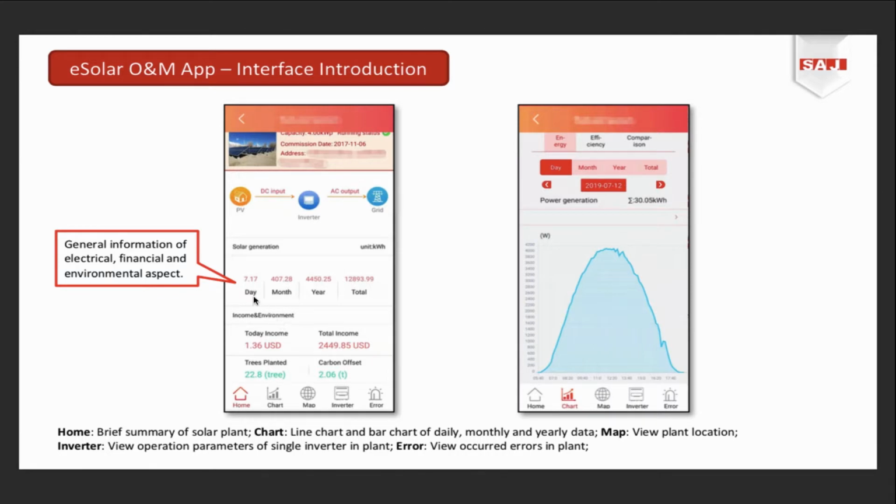So you can see the electrical generation here, and you can see the payback, the tariff from the utility or the government, and also how many trees have been saved as you use solar green energy.